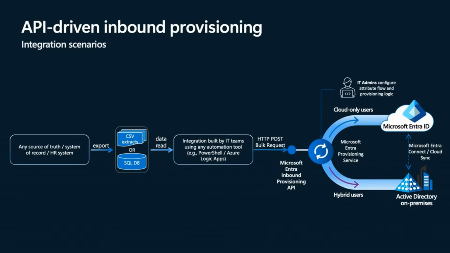With API-driven inbound provisioning, IT teams can use any automation tool of their choice, for example PowerShell or Logic Apps, to modernize and simplify this integration by just posting those payloads into an API that is exposed in the Microsoft tenant that can provision users either to on-premises environments or Microsoft Entra ID as a cloud-only user. So we provide those options for organizations to do either hybrid users or cloud-only users.